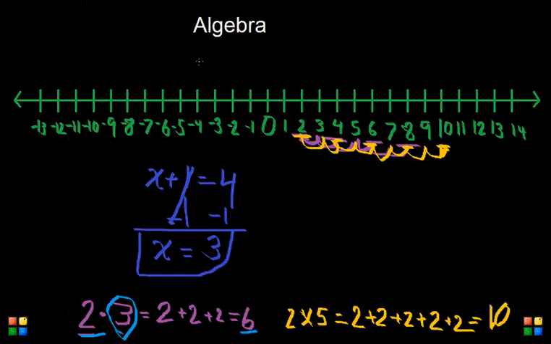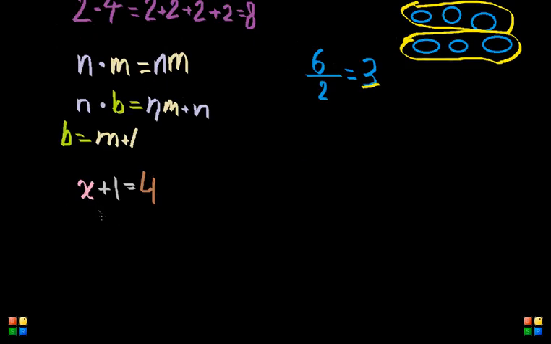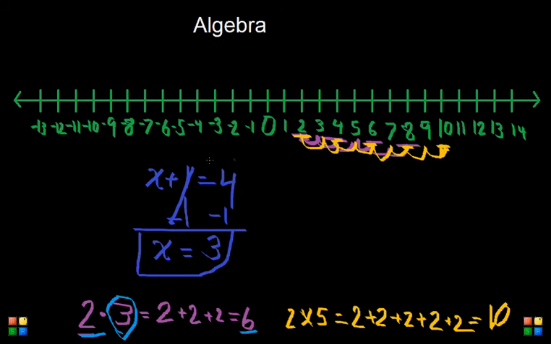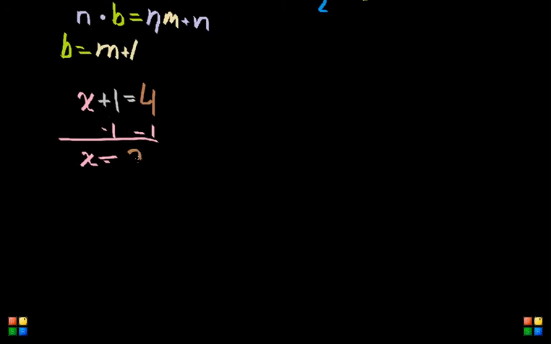Like I did earlier, right here, when x plus 1 is equal to 4, you would subtract 1, so you're left with x is equal to 4 minus 1. What's 4 minus 1? Go for 4, take away 1, so it's 3. So x is equal to 3. There you go.